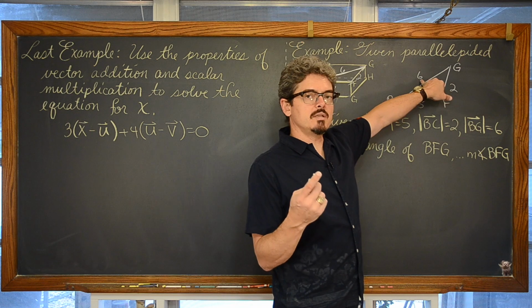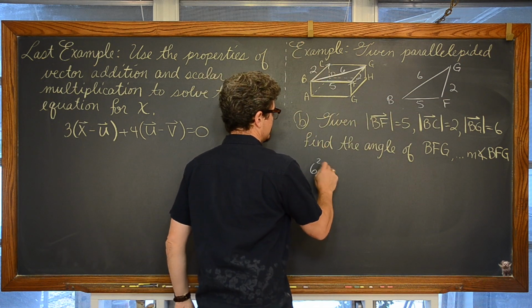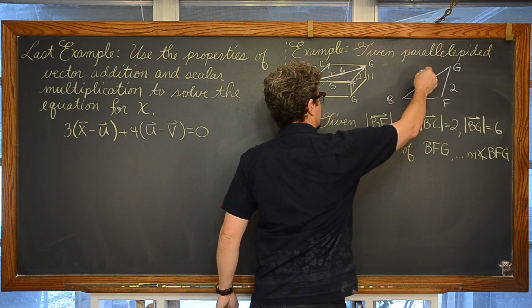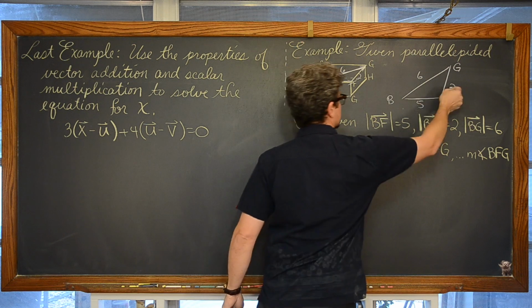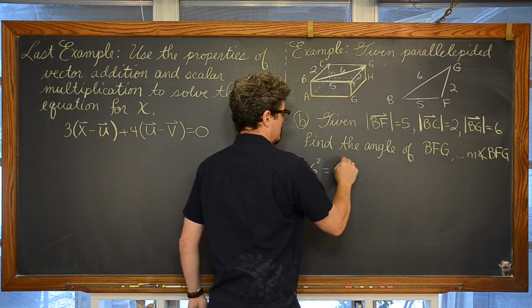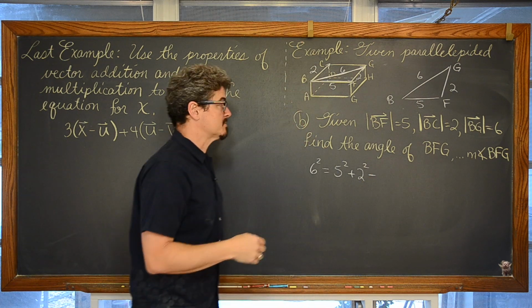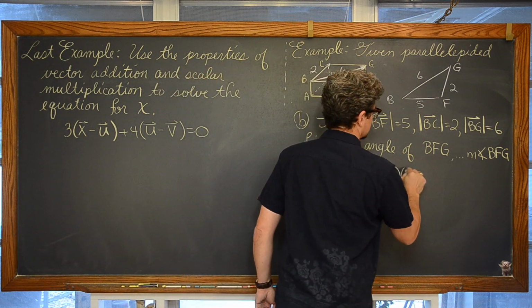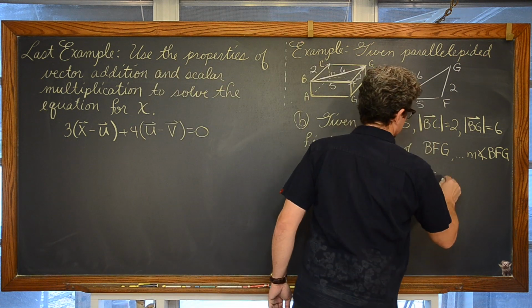We're going to start with the side opposite that unknown angle, so 6 squared. A side squared is equal to the sum of the two other sides squared, minus 2 times those other two sides times the cosine of the angle opposite that given side.